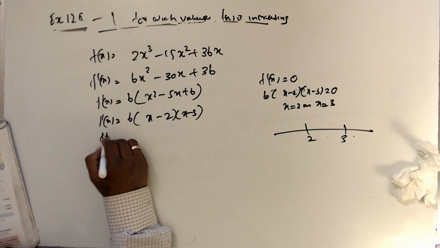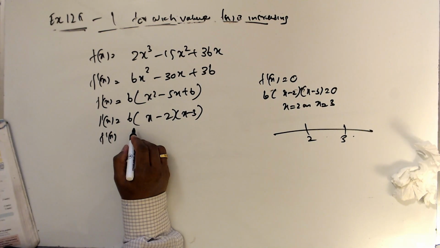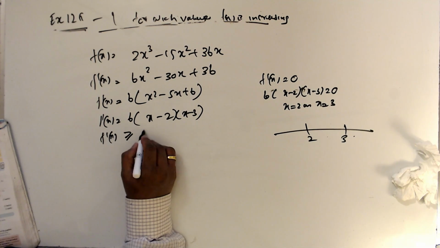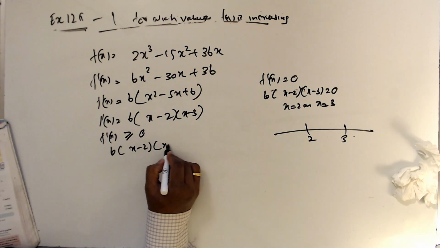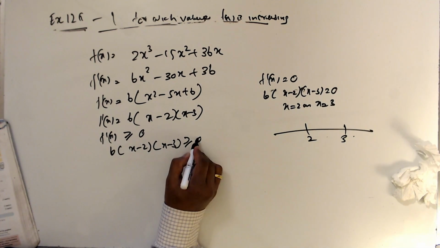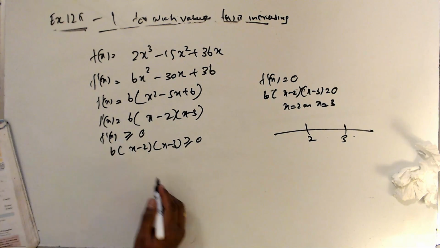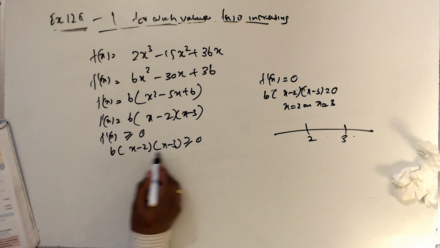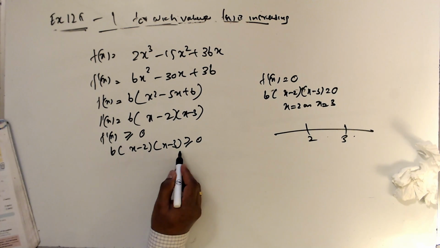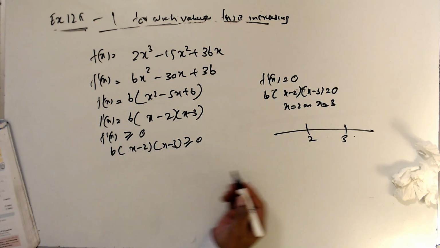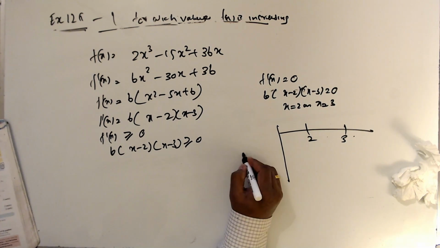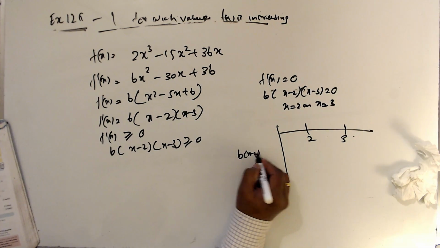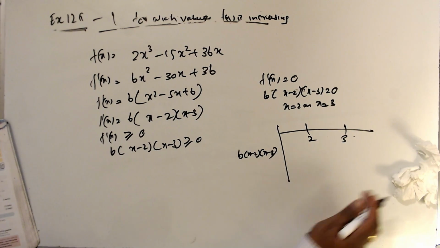Here f dash has to be greater than or equal to 0. It means 6 times x minus 2 times x minus 3 is greater than or equal to 0. Now we want to find for which values this is greater than or equal to 0. So basically we can check the numbers.